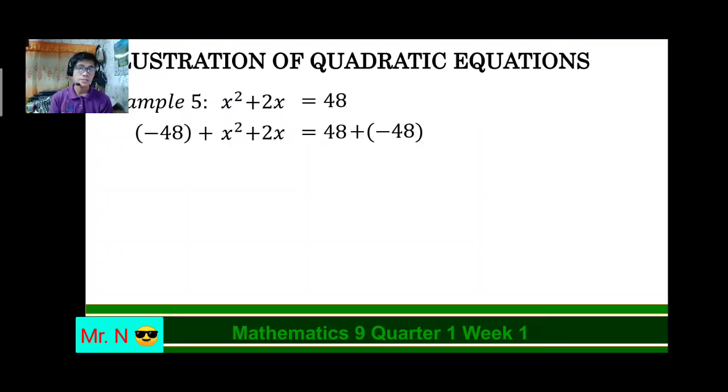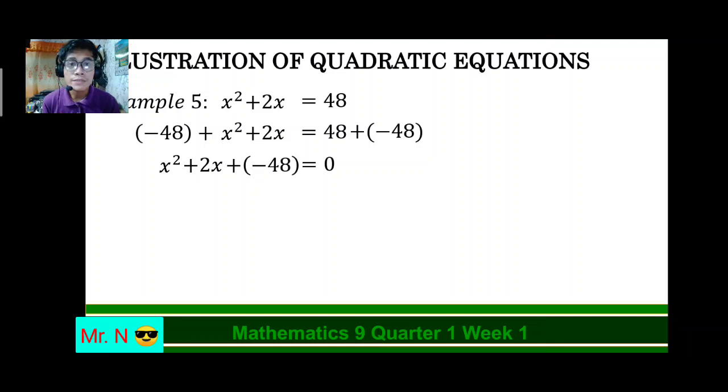So as you can see, we don't have like terms on the left, but we have on the right. So in this case, let's just arrange the terms on the left from highest to lowest based on their exponents. So x squared is the term with the highest exponent, followed by 2x, and then negative 48 is equal to 0. 48 plus negative 48 is 0.